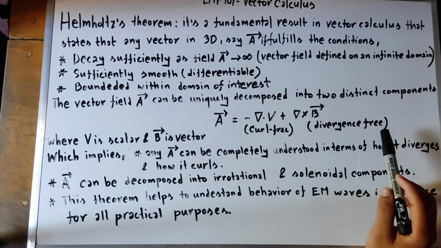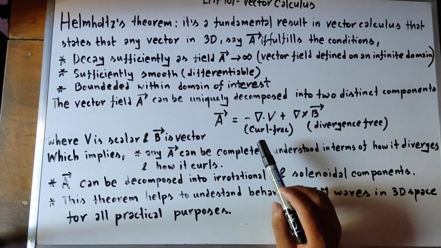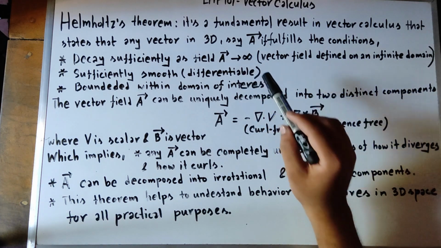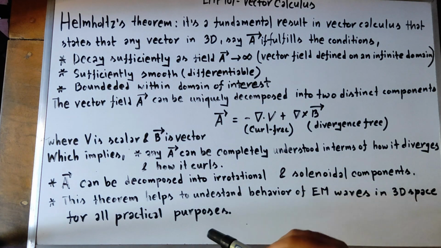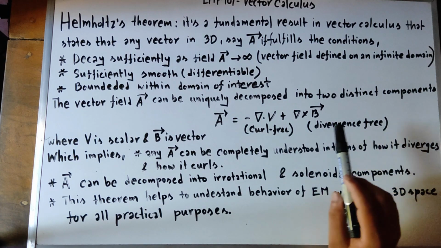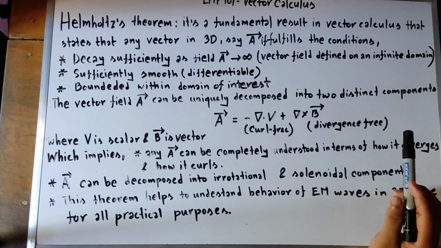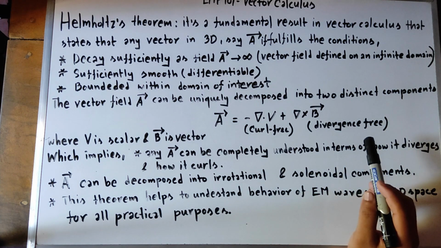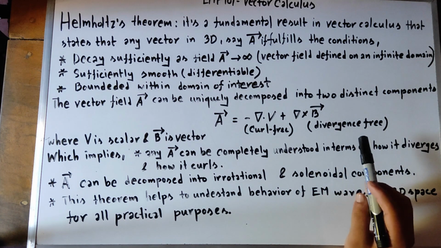So any vector that fulfills the conditions stated here can be uniquely decomposed into two distinct parts. It's very important in understanding EM fields and electromagnetic waves.